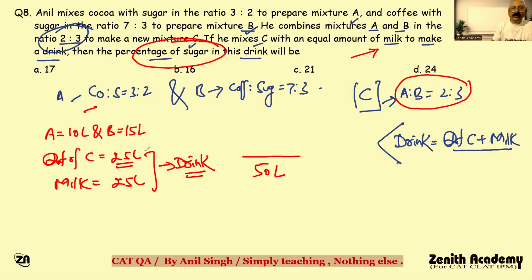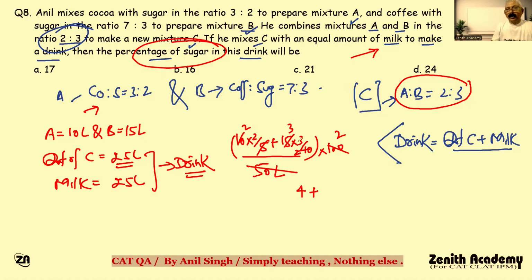Sugar is coming from mixtures A and B. In mixture A, the cocoa and sugar ratio is 3 to 2, and you have taken 10 liters of mixture A, so sugar will be 2 upon 5 of 10, which is 4. In mixture B, you have taken 15 liters, so the quantity of sugar will be 3 upon 10 of 15, which is 9 by 2.